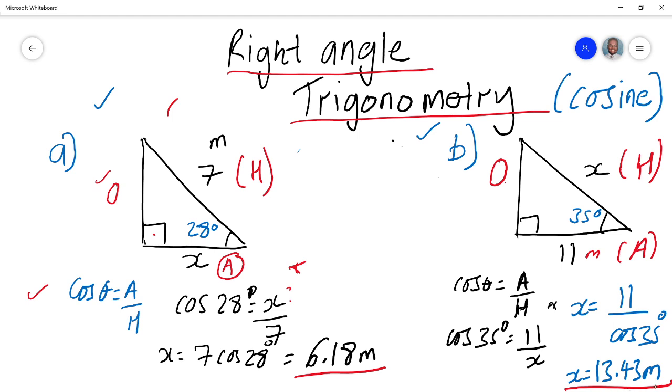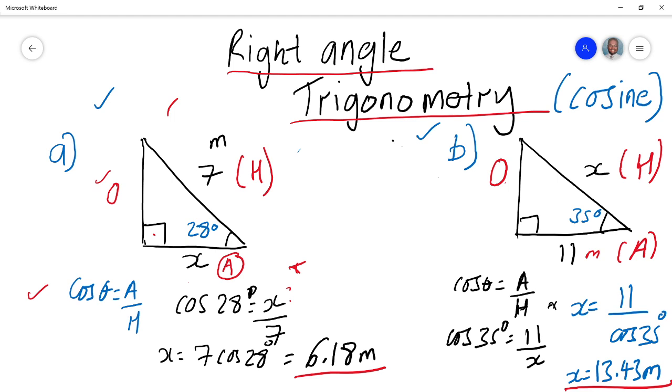If you see it's greater than 11, then you've got it correct. If we found that x was less than 11, then we know there's something wrong, because your hypotenuse is always the largest side of a right angle triangle. If you look at A, x is not your hypotenuse, so the value of x has to be less than 7, and that's how you got 6.18.